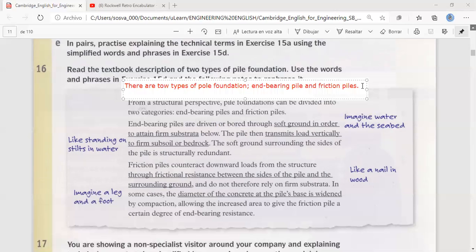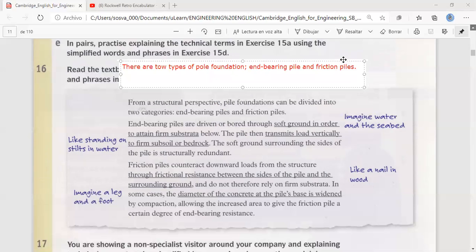So in this case, the sentence on the right side. Actually, I don't know if it's possible for you to use a notebook and write it down. Have you got a notebook? Well, for that, the pile then transmits load vertically to subsoil or bedrock.